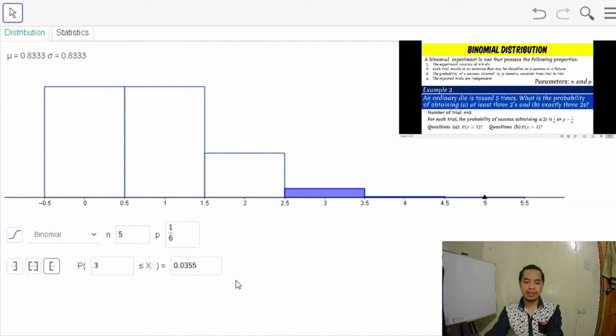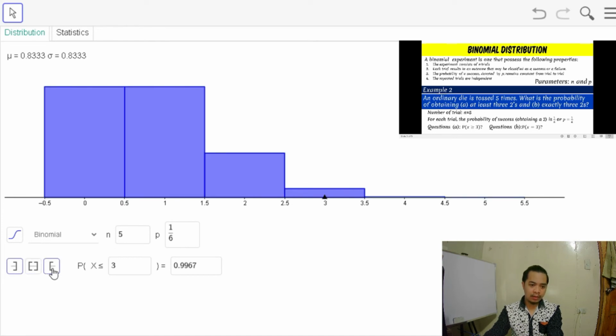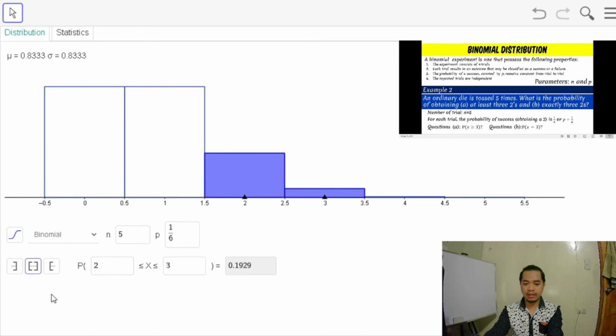How do we answer the second problem? If we investigate our options here, left-sided or right-sided or in between, it doesn't directly give us a way to compute for when x is exactly equal to a particular number. But we can use the middle button. If it's exactly equal to 3, we can just make the right side and the left side values the same. x is greater than or equal to 3, and at the same time, it's also less than or equal to 3.